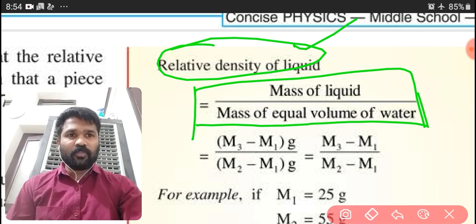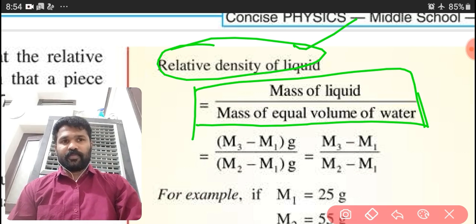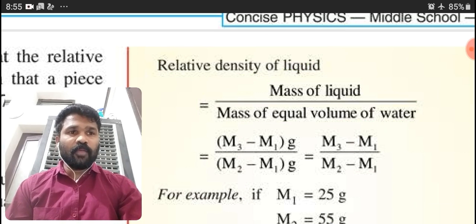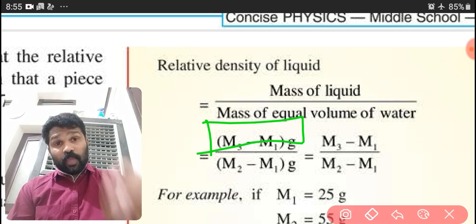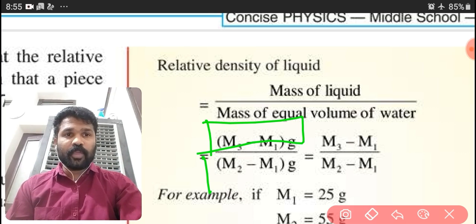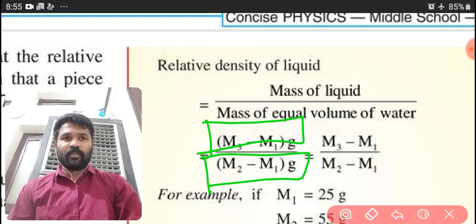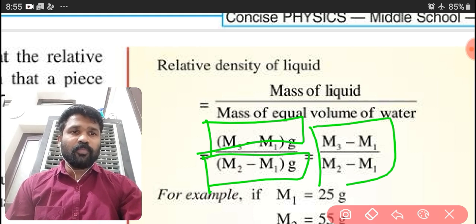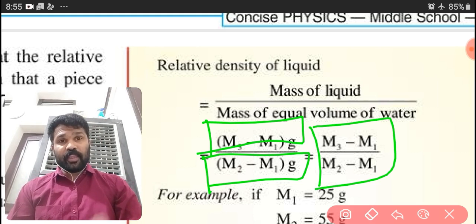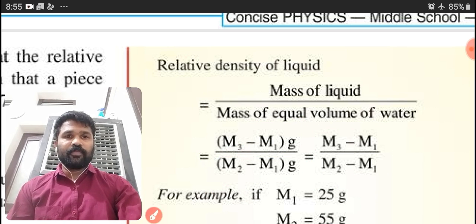Mass of liquid is m3 minus m1, and mass of equal volume of water is m2 minus m1. So we get m3 minus m1 divided by m2 minus m1.